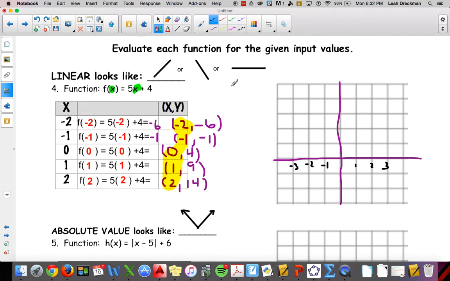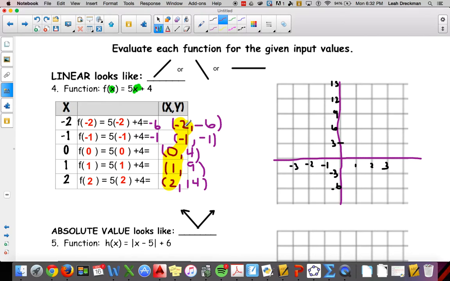Outputs, the y values, I'm going to scale by, let's see, 9's the largest, or no, 14's the largest, so looks like I could scale by 3's going vertically here. 3, 6, 9, 12, and 15. And then going down would be -3, -6, and I think that's as low as it goes.